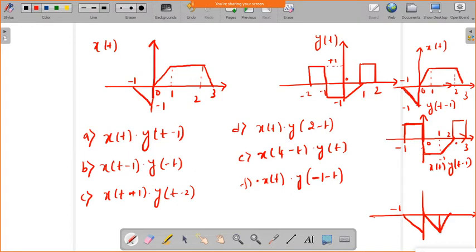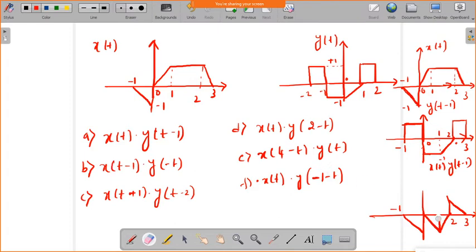So from 1 to 2 it is a positive ramp. Now 2 to 3 again gives a decaying ramp, between plus 1 to 0, and if you multiply it gives the same ramp. So from 2 to 3 it will be the decaying ramp. This is actually the result.